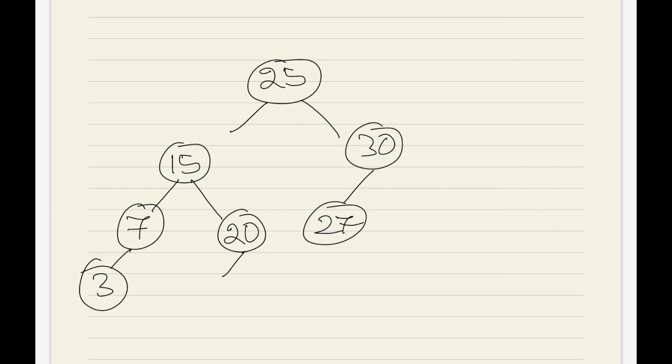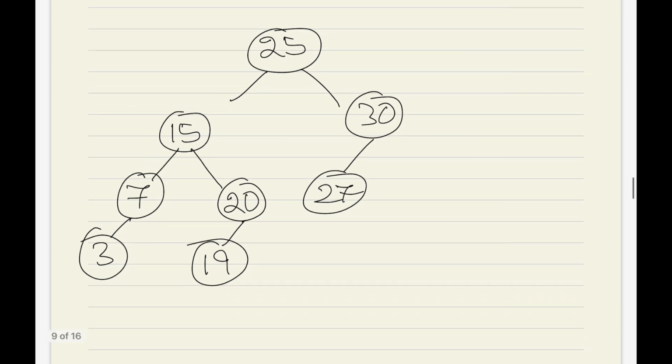And for 20 it is 19, you can consider. Okay, so consider this is a binary search tree.